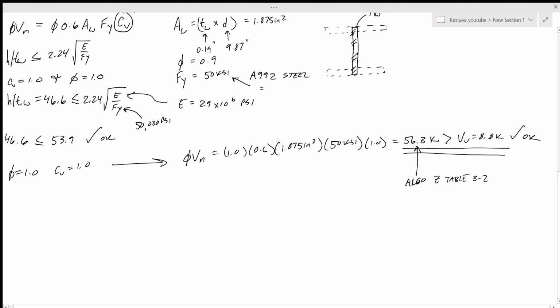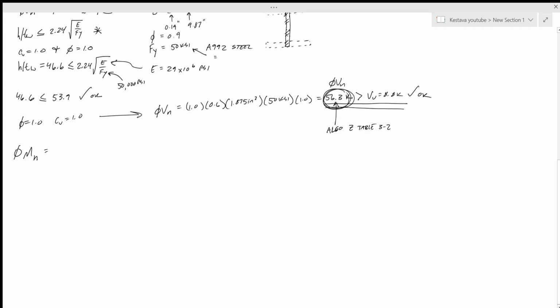Look up the section that you're using, so W10 by 12, and it actually gives you this phi Vn value right away. That's assuming though that Cv equals 1.0. So you just need to run this check to make sure everything's good to go. But yeah, that's a real easy way to check.